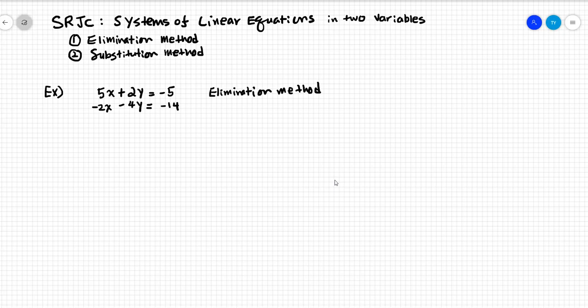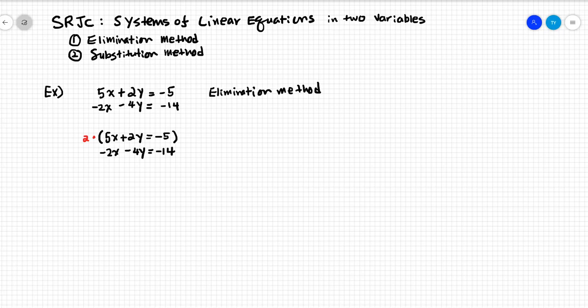What we're going to do here is multiply the first row, the entire row, 5x plus 2y equals minus 5, by 2. Why? Because 2 times 2 gives you 4y, and 4y minus 4y gives you 0. The second row is not going to change. It's just going to stay as it is.